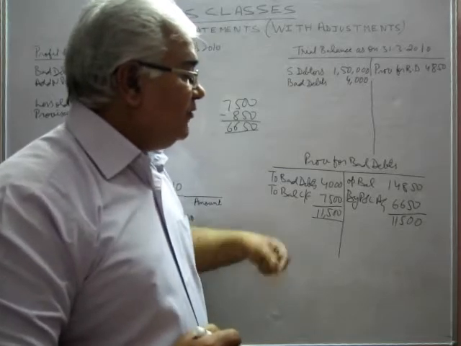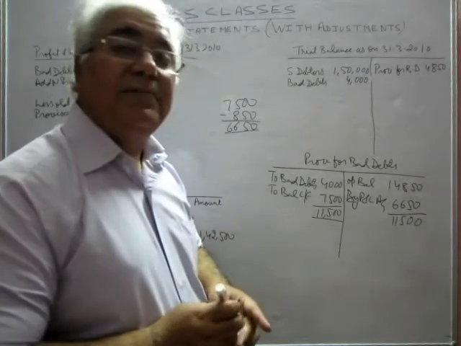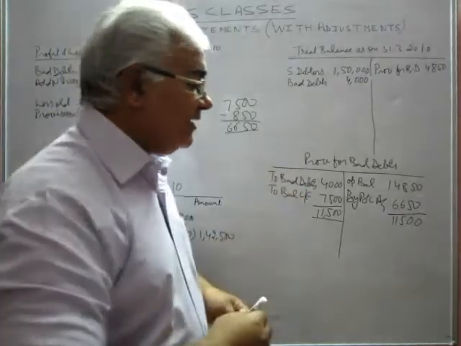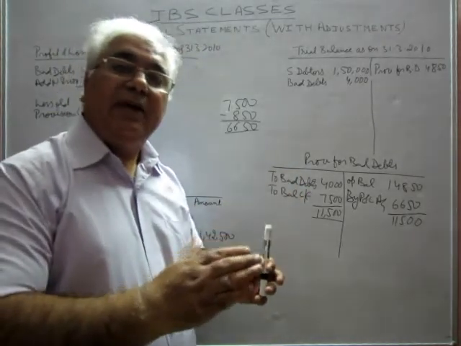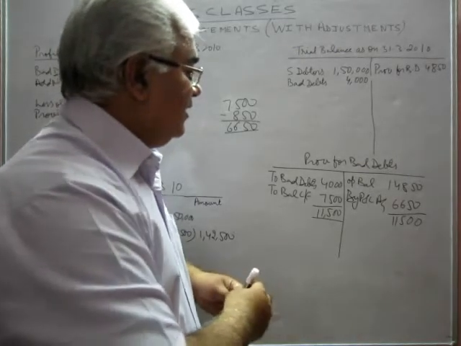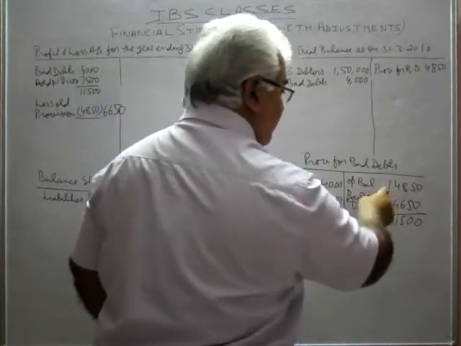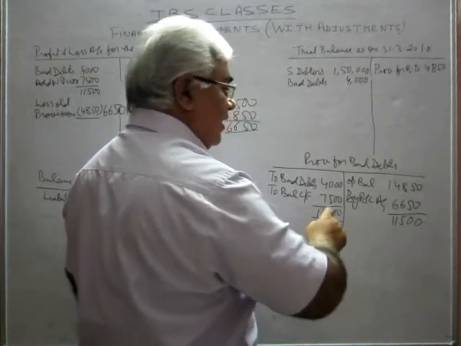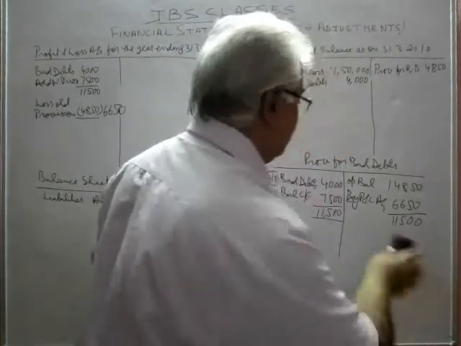That means we would have been left with excess balance even out of the last year's balance. Then the difference should have been credited to profit and loss account.